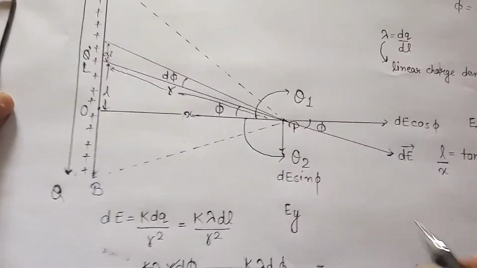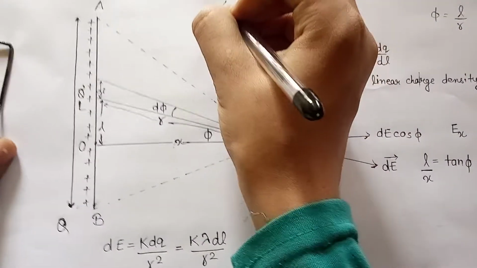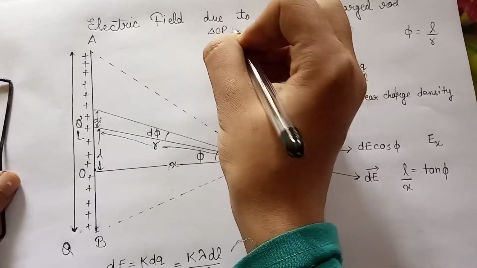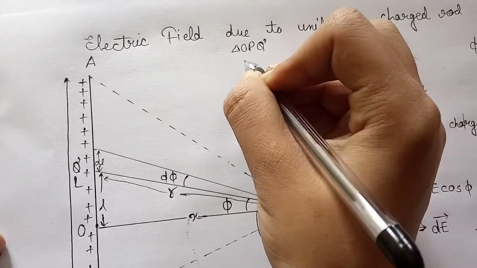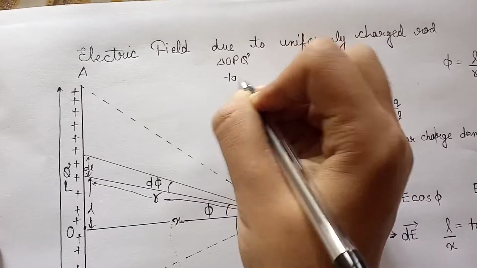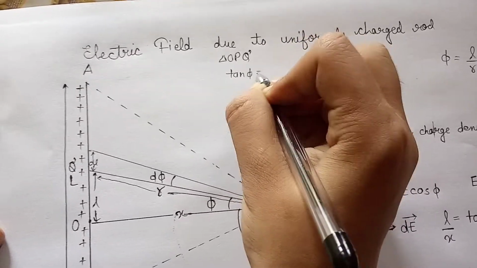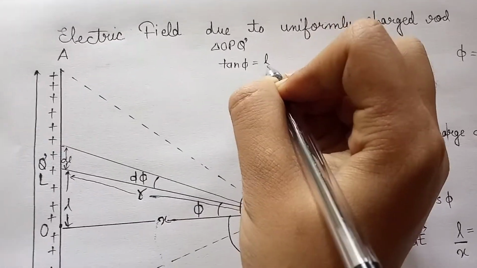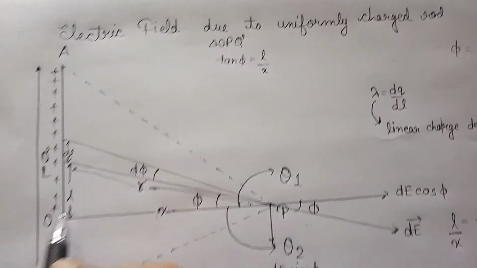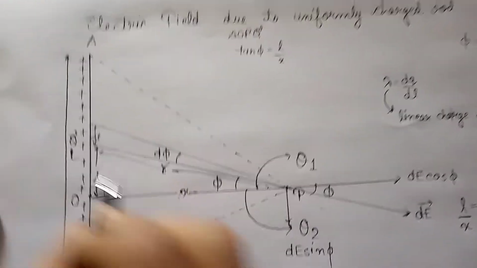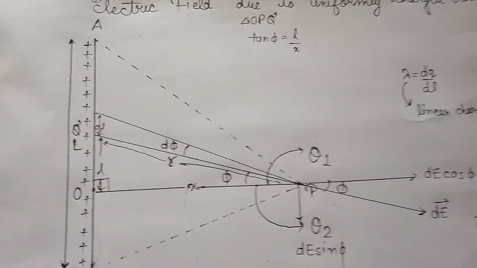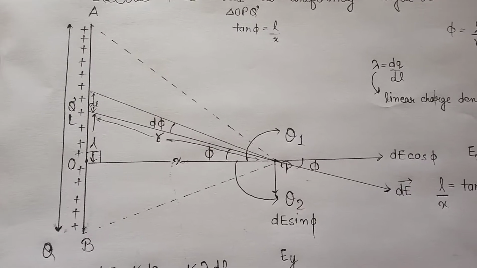So in the triangle OPQ dash, tan phi will be L by x, because this angle is 90 degrees, this is perpendicular and this is base.